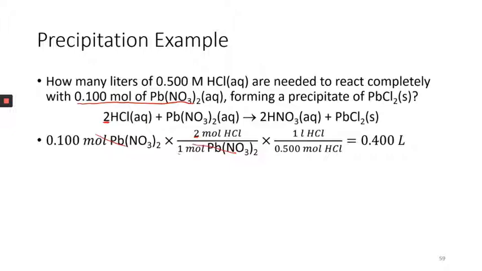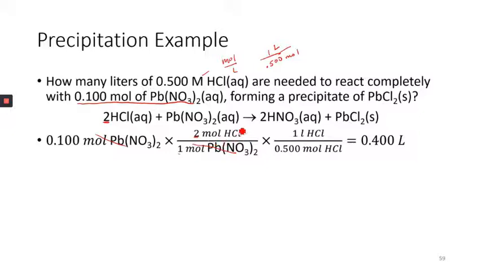So if I stopped here, I would have moles of hydrochloric acid, but I don't want moles, I want to know liters. So now the molarity of my hydrochloric acid comes in here, and remember, molarity is moles over liters, right? So if I do 1 over the molarity, my units flip-flop, so I end up with liters on top and moles on the bottom. Why did I do that?